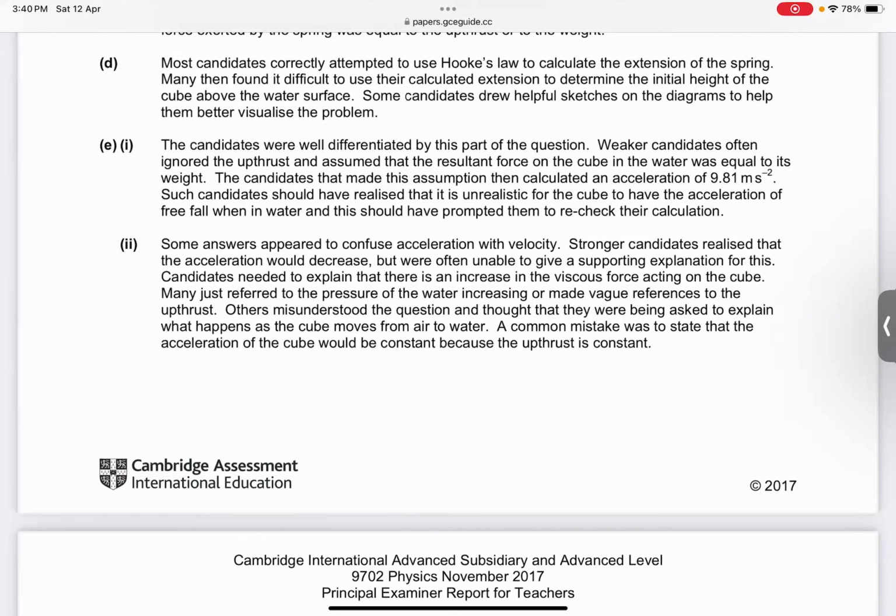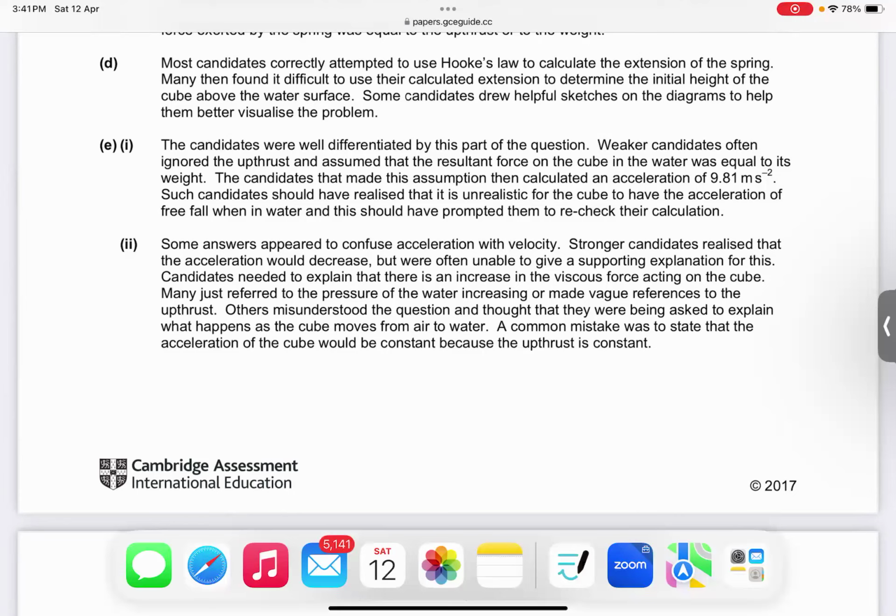Stronger candidates realized that the acceleration would decrease, but were often unable to give a supporting explanation. Candidates needed to explain there is an increase in the viscous force acting on the cube. Many just referred to the pressure of the water increasing or made vague references to the upthrust. Others misunderstood the question and thought that they were being asked to explain what happened to the cube moving from the air to water. Okay, that's clear. Come ahead, come on.